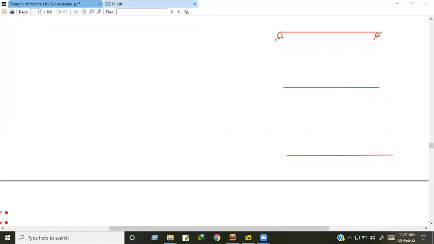This is simply support. If I provide support at both ends, one is hinge support and another is roller support. This is roller support, and this is pin support. This is a simply supported beam.